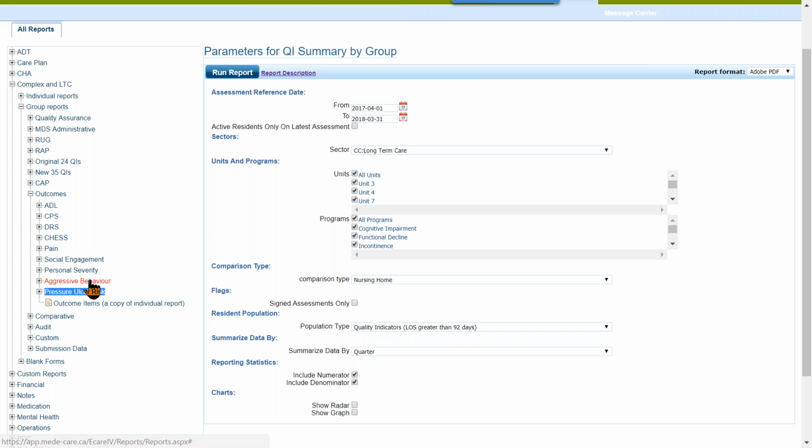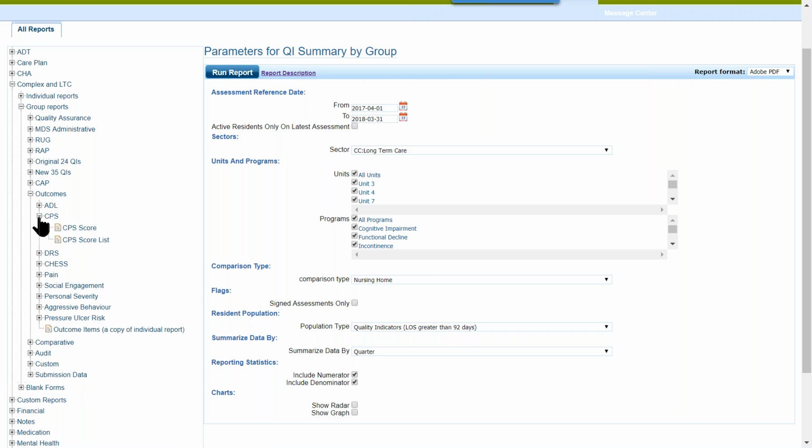So all of these are those performance measures, and you can see here if we want to look at CPS as a beginning, you can get a listing of people with their CPS score, or you can get summary data.